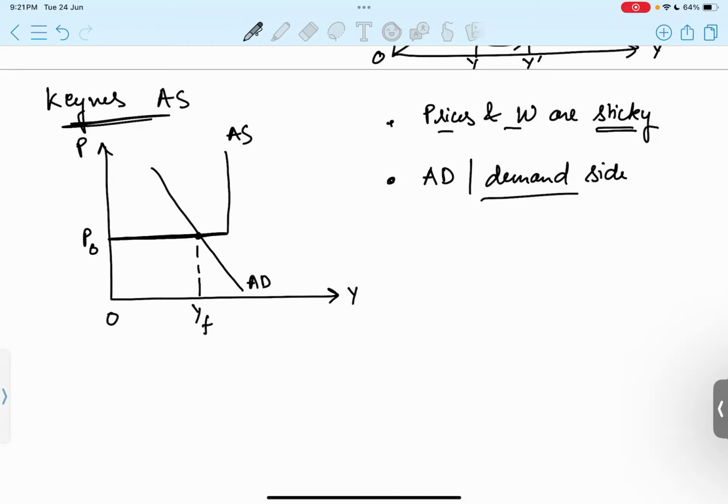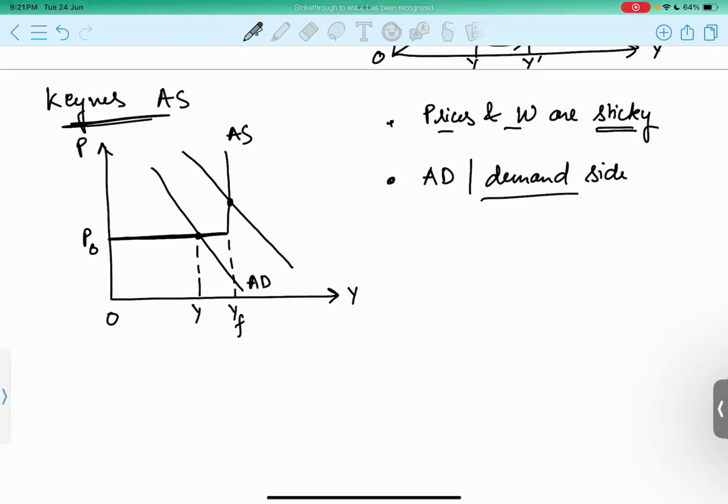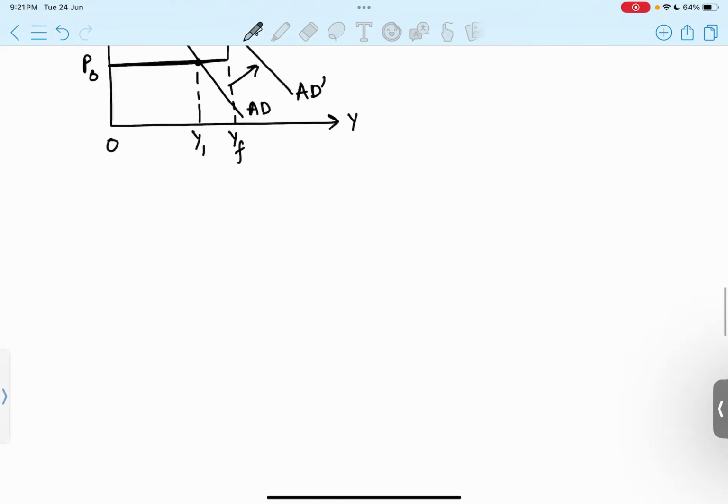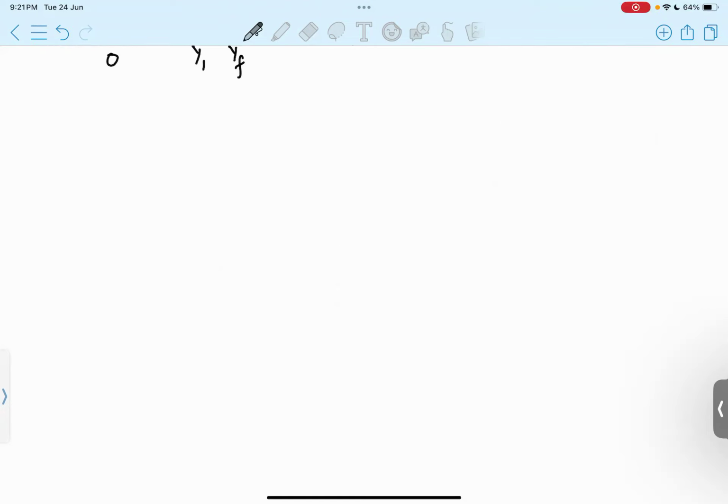So if aggregate demand now increases, you will see we are at full employment. This is the initial position, with the outward shift. So that's how you just have to remember the shape of the AS of Keynes. Now, one important theory is the accelerator theory of investment.